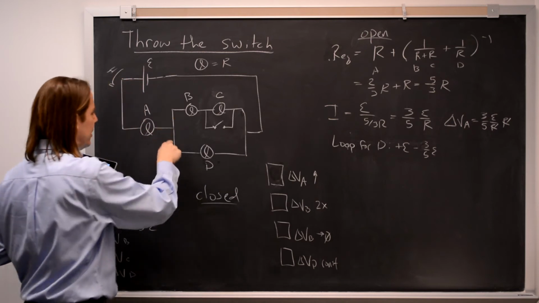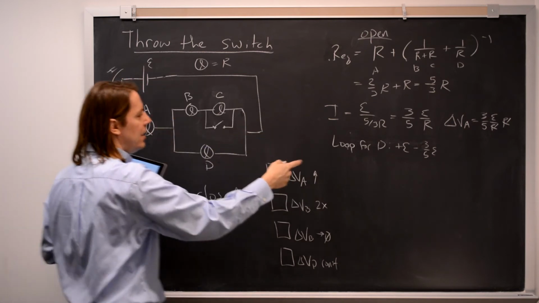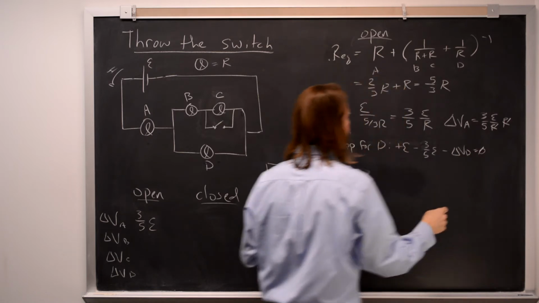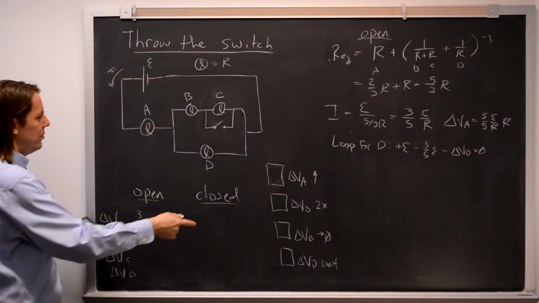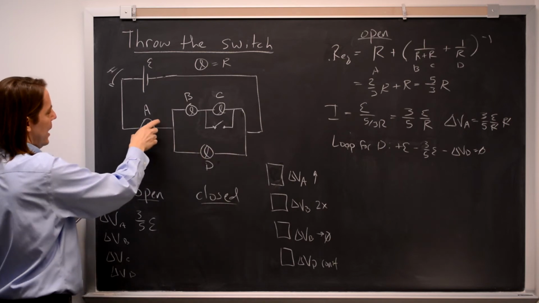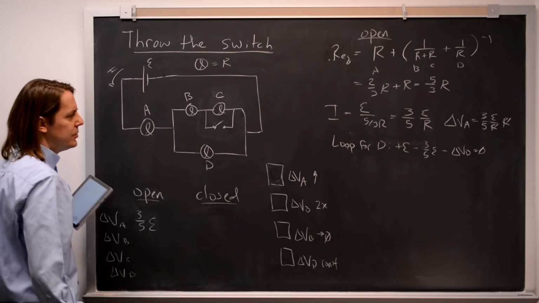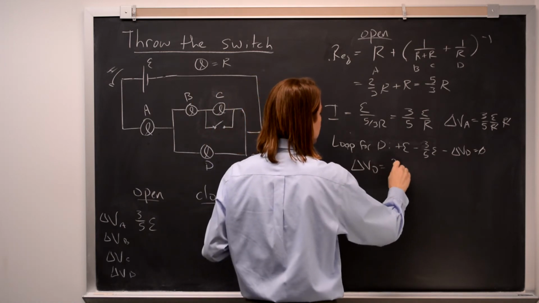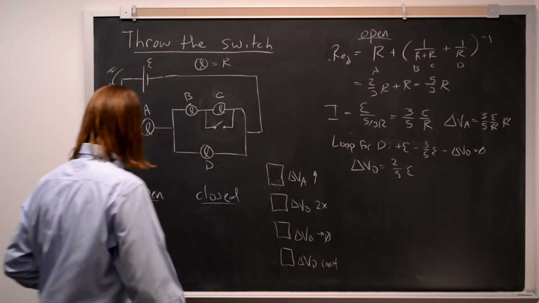All right, and if I decide to loop this way through D, that's minus delta VD equals 0. So you can see what you might do intuitively is the voltage drop across D has to add up with this one to make the whole EMF. So the voltage drop delta V across D is 2/5 EMF.